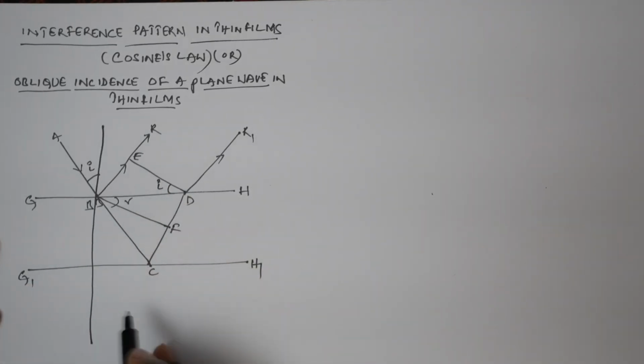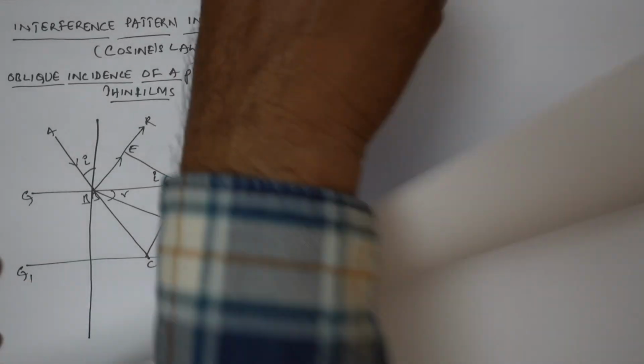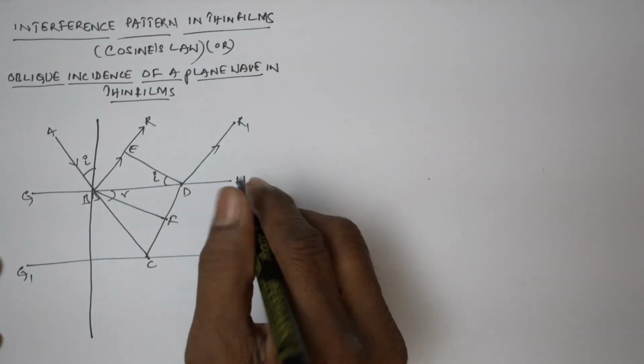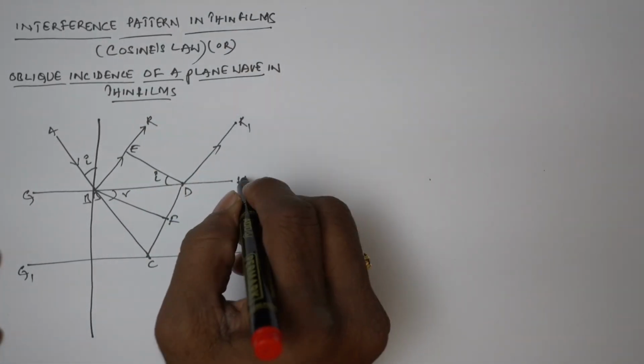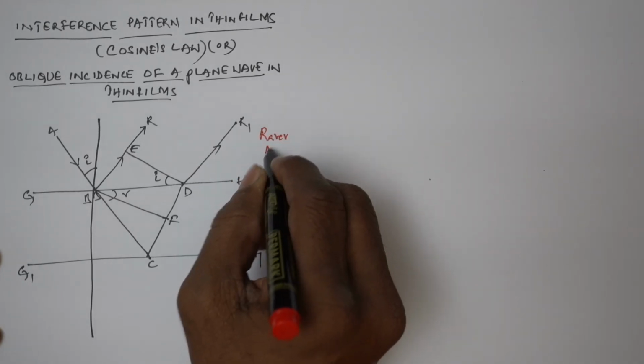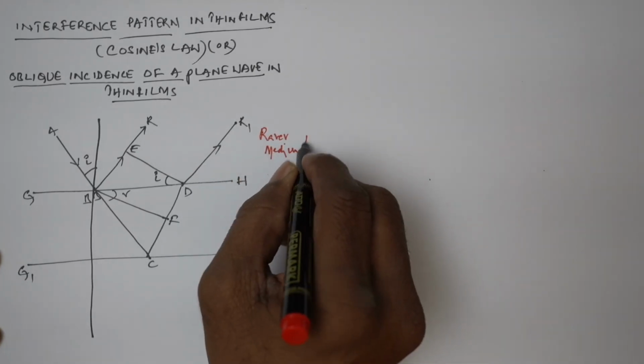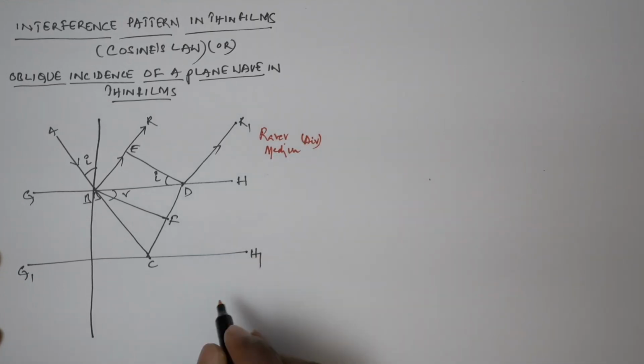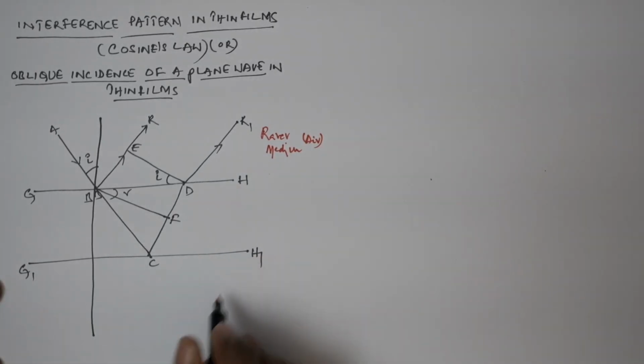This is the angle of incidence i, and this is the angle of refraction r. Now imagine that the portion above the upper plane surface GH is called the rarer medium, and we can take air as the best example. The lower portion of G1 H1 is also considered as rarer medium.